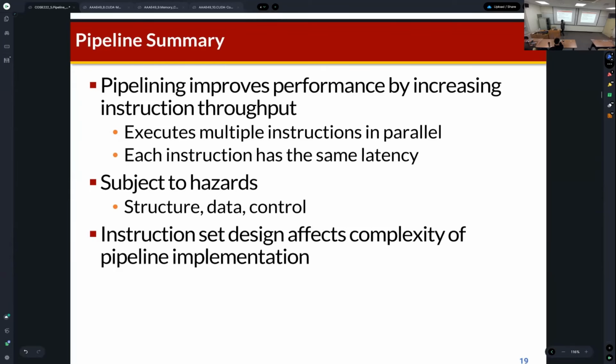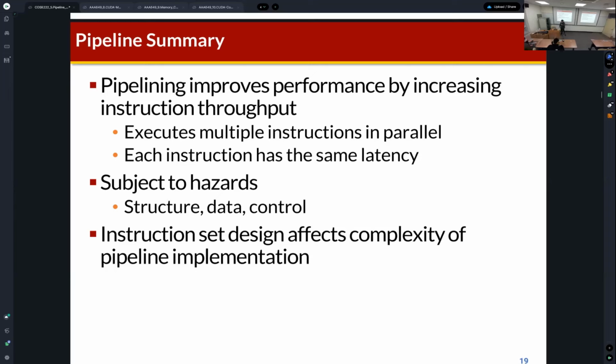So, pipeline. We learned that the pipeline is good for improving performance because we can split the required steps into multiple stages of the pipeline architecture. By doing this, we can reduce the execution time. But when a pipeline architecture is applied, clock cycles can be wasted due to hazards.